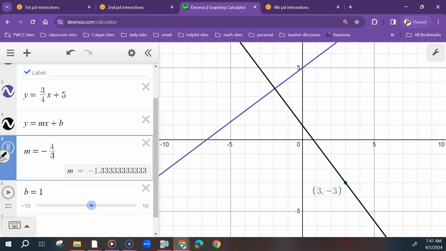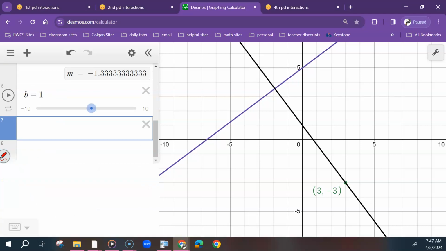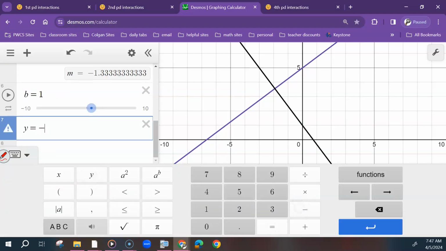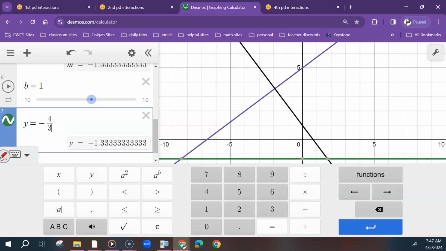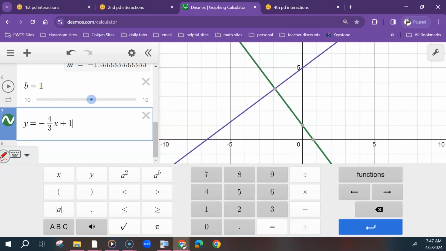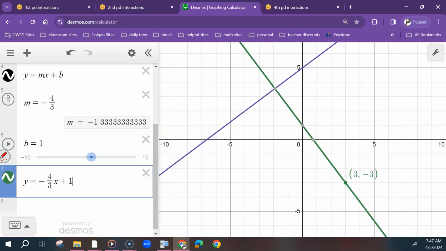So then your equation would be y equals negative 4/3 x plus 1. So again, if you did that by Desmos, say that you use Desmos.